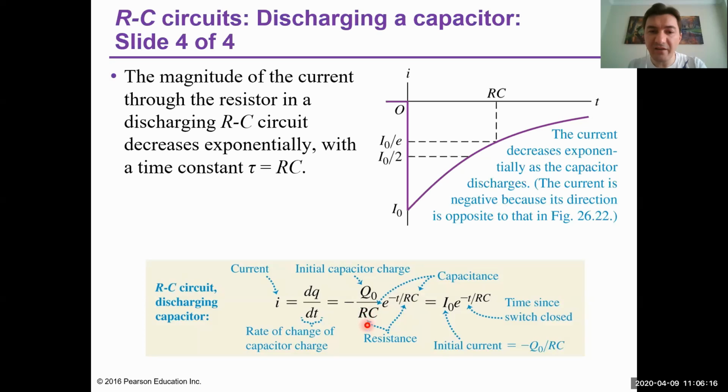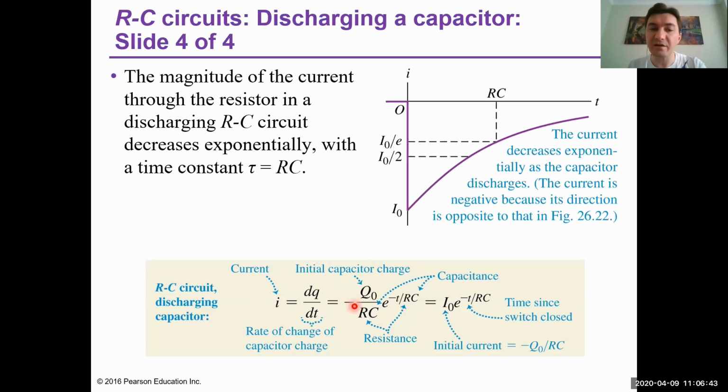So what we have here: initial capacitor charge, resistance of the resistor, capacitance of the capacitor, and again, same here. So this is constant, constant, constant. Only time is changing.